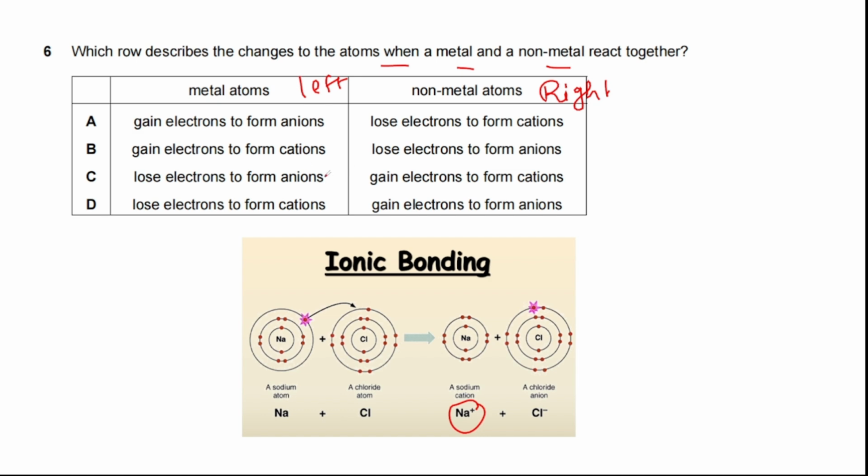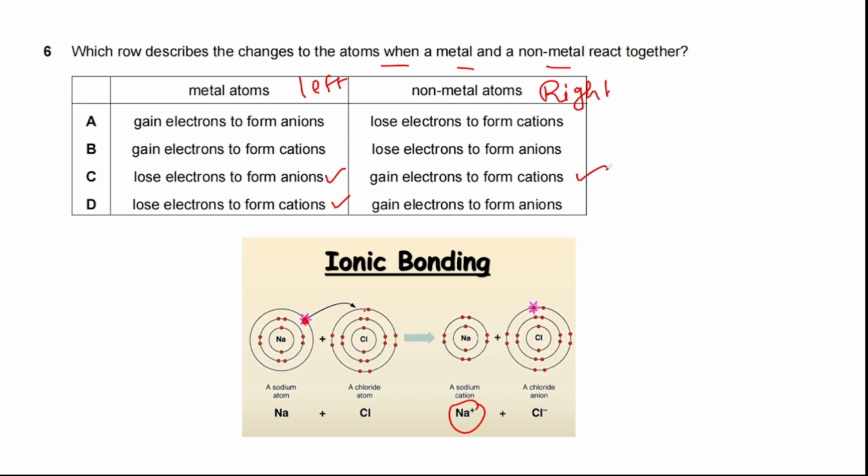So it has more chances of losing the electrons, and the non-metals have 6 or 7 electrons on the outer shell. So for them it is easier to gain the electron to fill the outer shell. So whatever the metal has removed is gained by the non-metal, which is chlorine here.